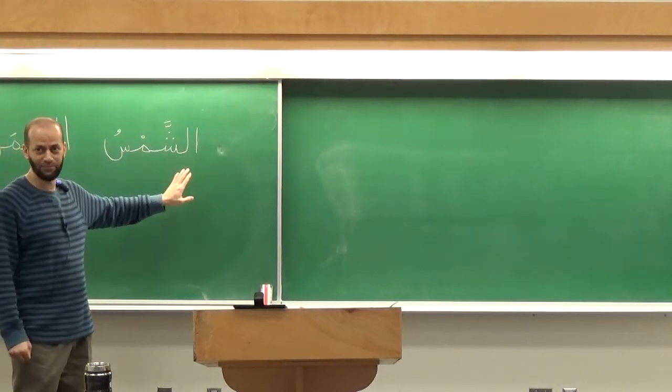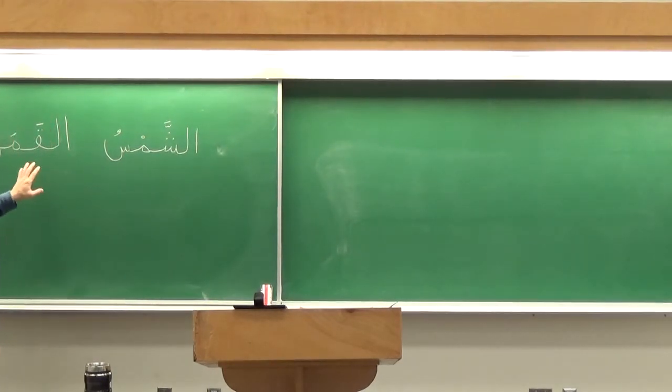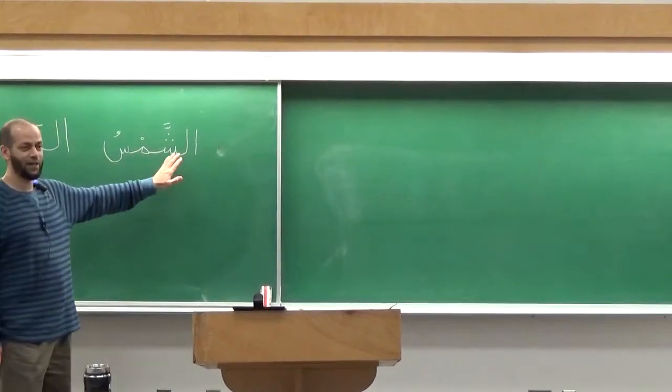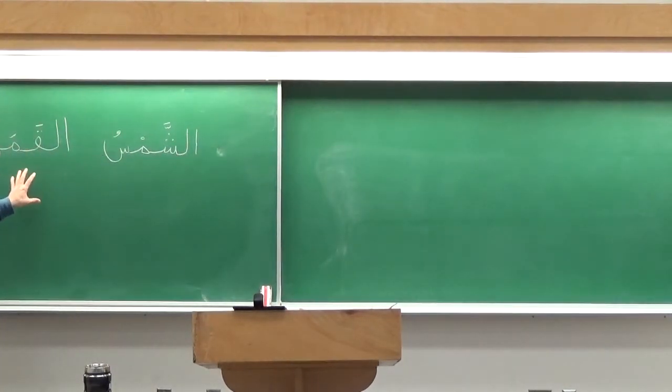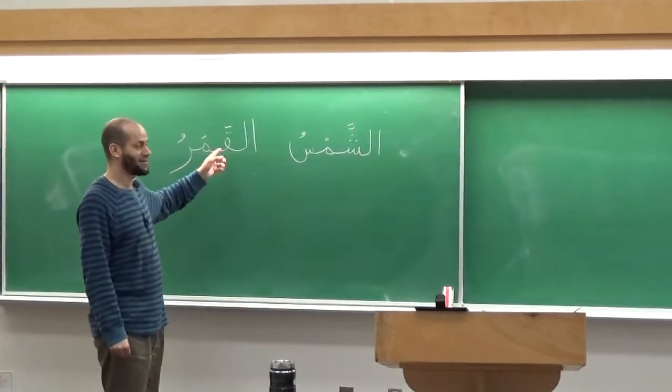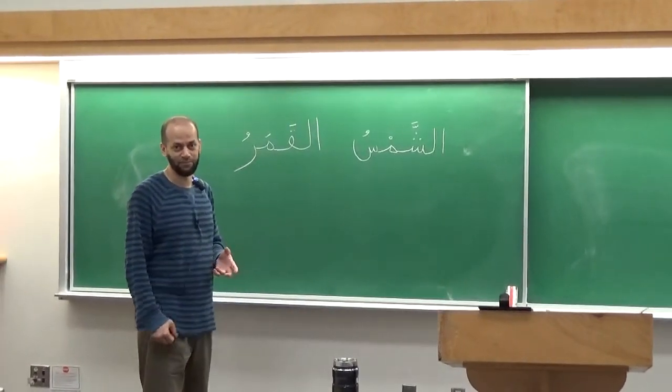So we don't pronounce the Lam. And in the Huruf Al-Qamariyya, or the moon letters, we do pronounce the Lam. So we say Al-Qamar. We pronounce the letter Al, the Lam. So here we don't pronounce the Lam. And here, in Huruf Al-Qamariyya, such as the Qaf, we pronounce the Lam.